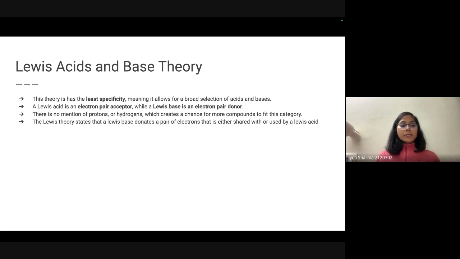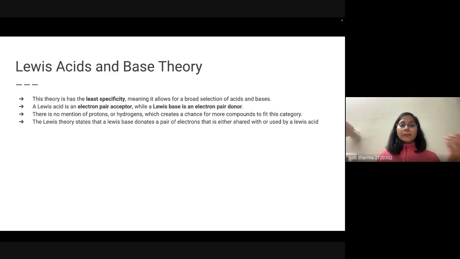Then if we consider Lewis acid and base, instead of proton donor or acceptor, they use the words electron pair acceptor and electron pair donor. If it is an electron pair acceptor, then it is a Lewis acid, and if it is an electron pair donor, then it is a Lewis base.